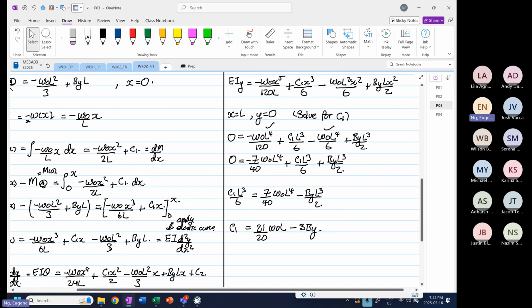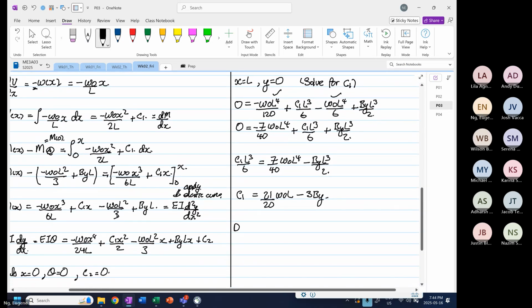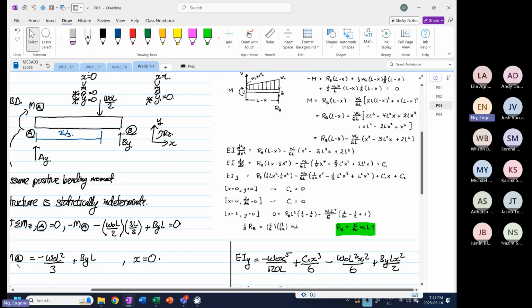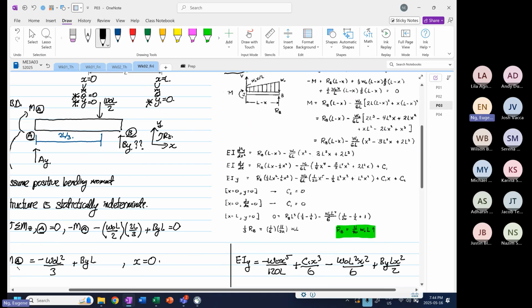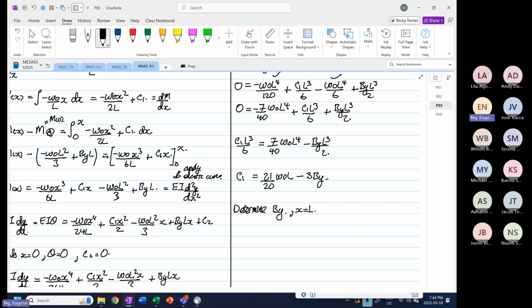So what we are trying to find is to determine B_y. Okay, so we have to determine what is our B_y, and B_y is at x equal to what? x equal to L. Okay, so now we are going to use the shear force equation.